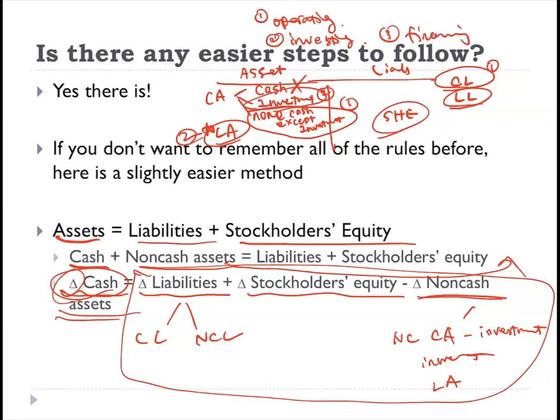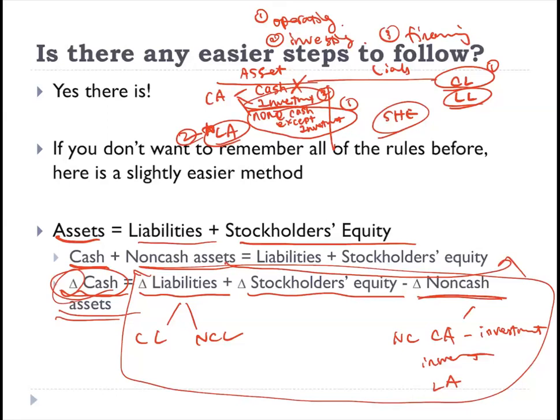The reason I'm saying usually is because there are some exceptions, and for some accounts we need to decompose them. For example, the firm's long-term assets: how about depreciation? Depreciation is something we need to take out in the operating section, the cash flow from operating activities. So it's not always the same. There are just a few exceptions. Usually the accounts we need to look at are the firm's long-term assets and retained earnings.